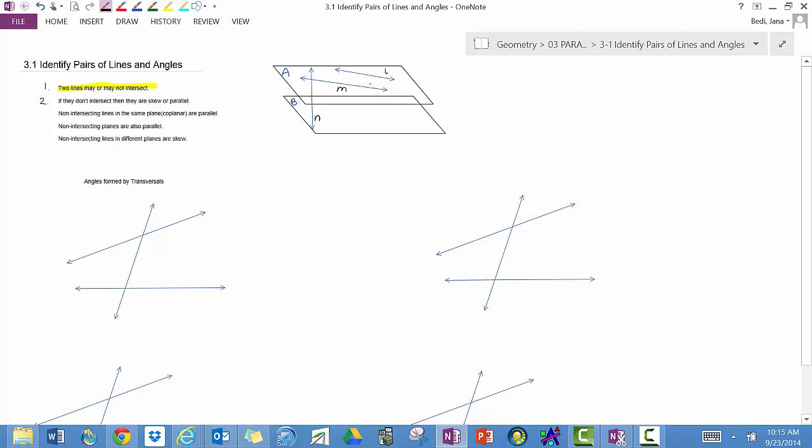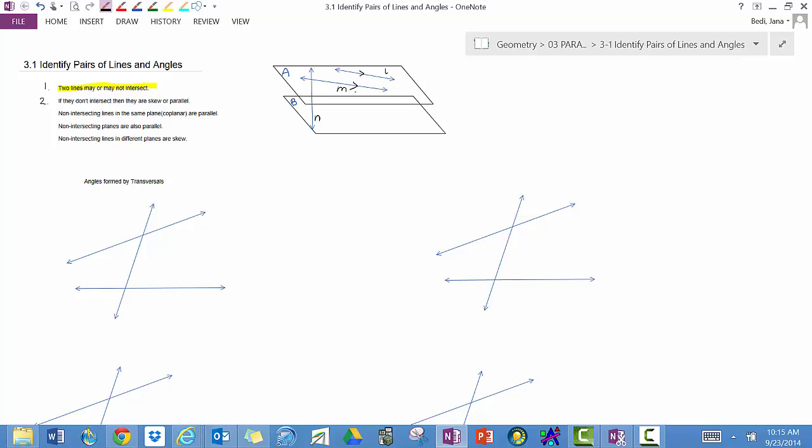I think you all sort of understand what parallel means. Parallel lines never intersect. They go on forever and ever. They're going exactly in the same direction, and they will never intersect.